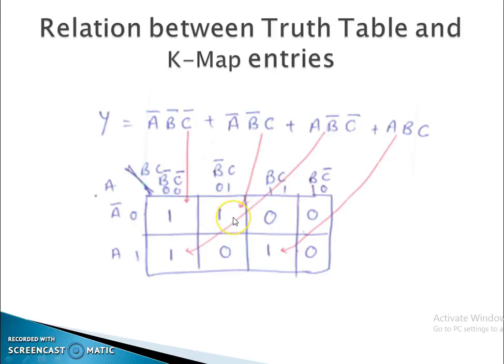So we will enter 1 here. The third min term is A, B complement, C complement. This is that block. We have filled 1. For A, B, C, we have filled 1 here. The remaining blocks can be filled by 0. So, like this, we will make the entries of a Boolean expression in the K-map.